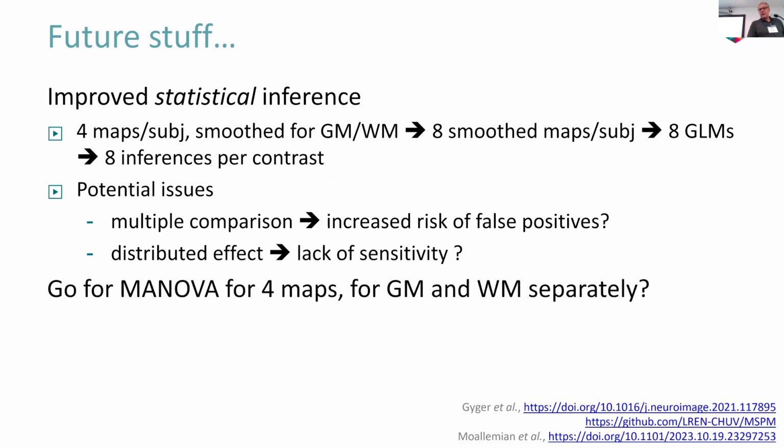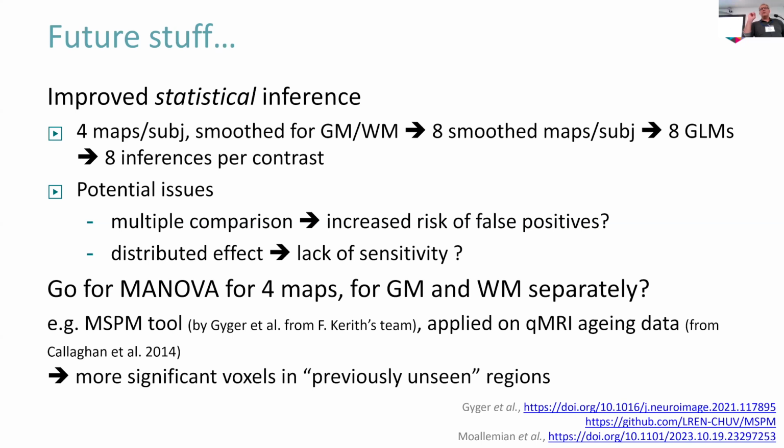And so recently I've started using a tool by Ferath, the MSPM, and we were quite happy with new or previously unseen voxels in regions in our results. So possibly increased sensitivity. But that's something we would like to potentially include in the hMRI toolbox because it makes sense. We have a single inference per tissue class instead of 4.